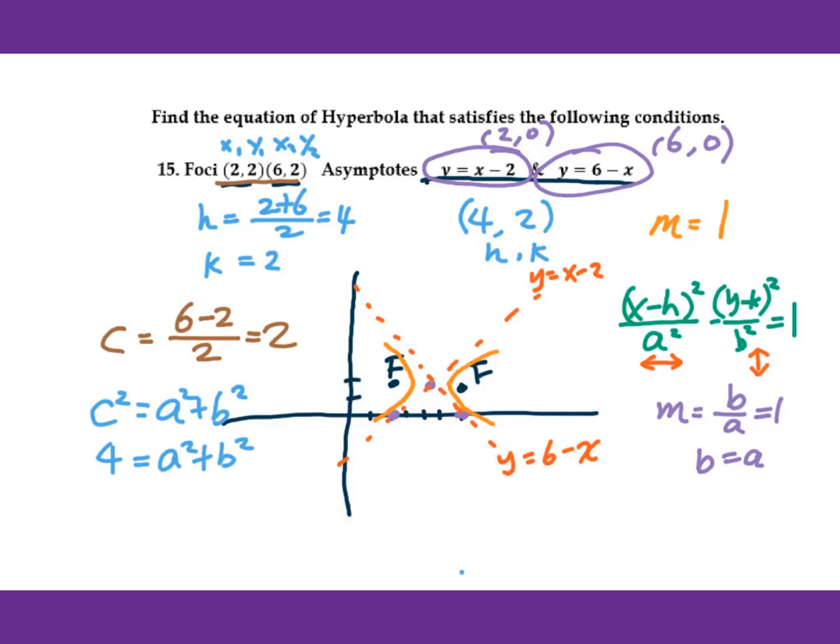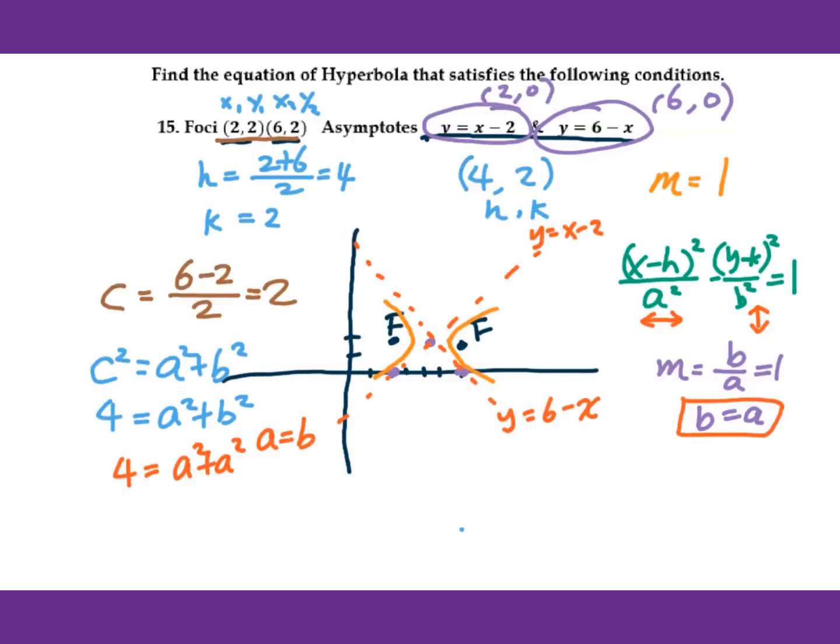And we know A equals B. Therefore, 4 equals A squared plus A squared, and 2A squared equals 4. So A squared equals 2, which means A equals square root of 2. And B equals A equals square root of 2.